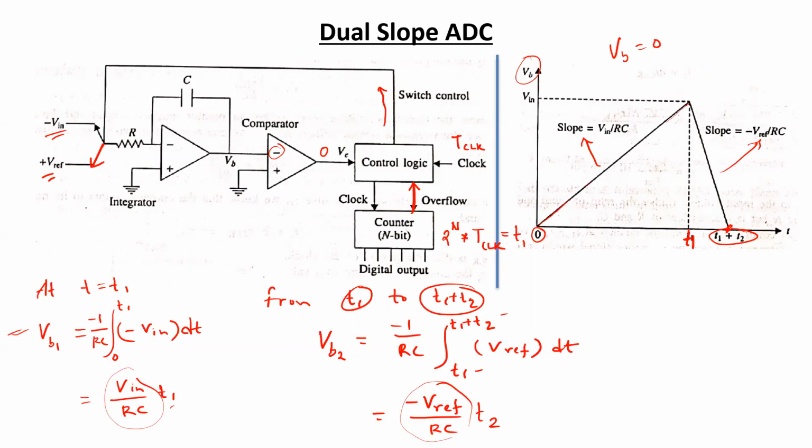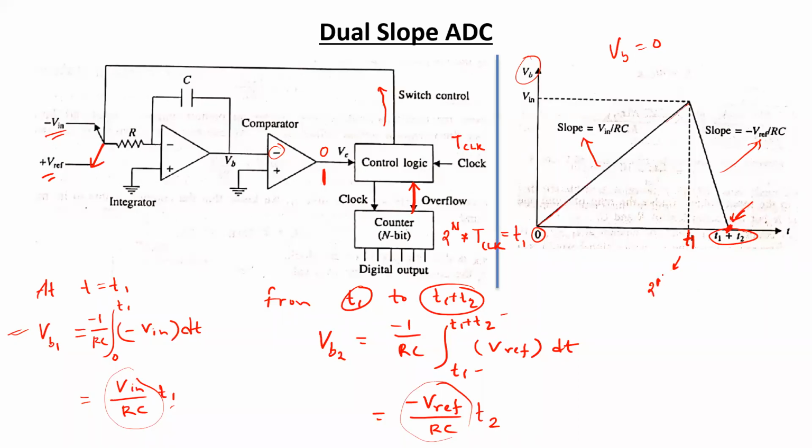So at this point and beyond this point, the comparator output is supposed to be high. When the comparator output is high, the control logic circuit is going to stop supplying the clock pulse towards the n-bit counter, and the counter is going to stop the counting process. So up to T1, the counter has counted up to its maximum limit.